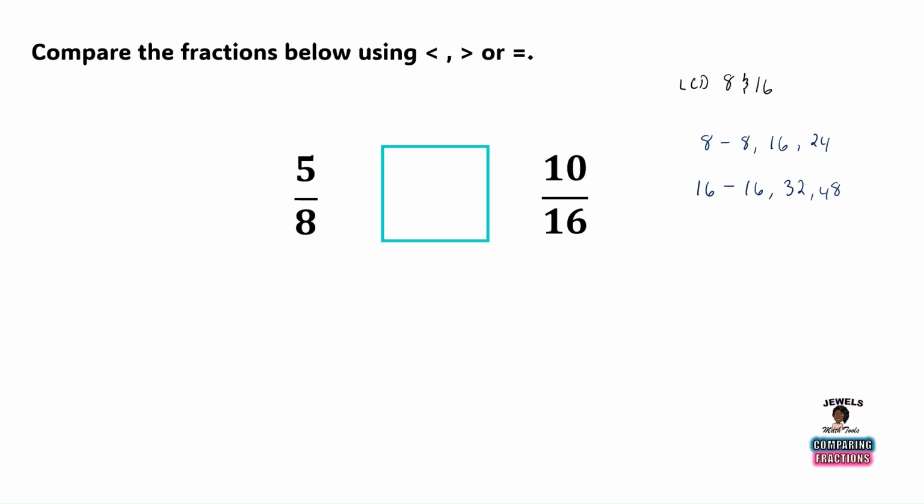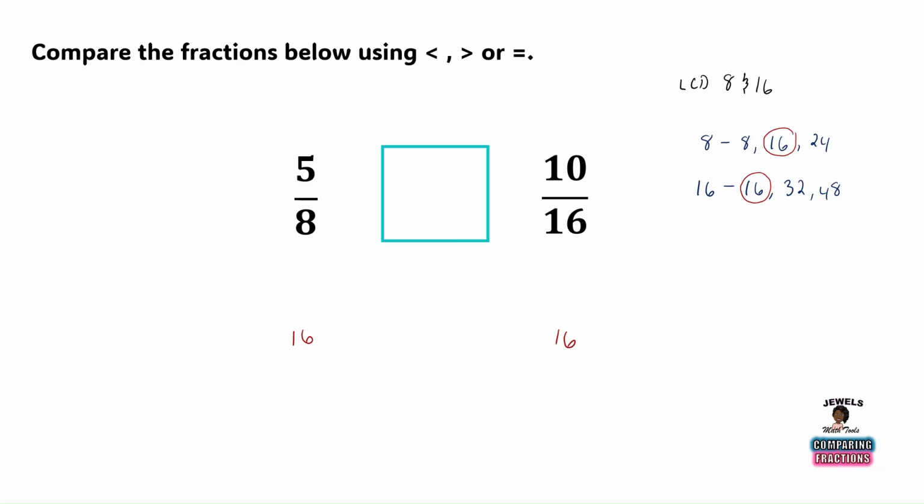Now, in listing the first three, the good thing is we identified a common multiple between both 8 and 16 with our number 16. So 16 is going to be the common denominator that we are going to be using for both of these fractions.